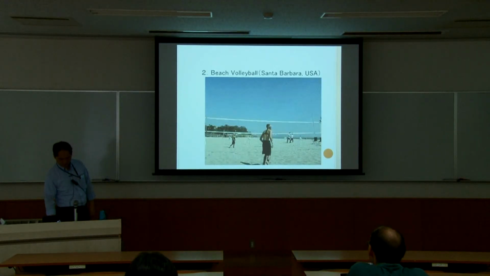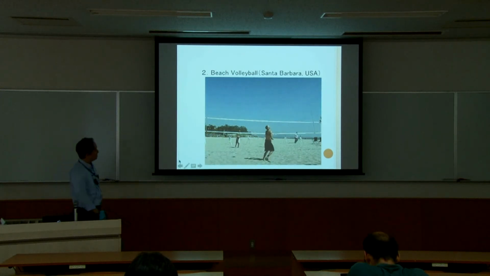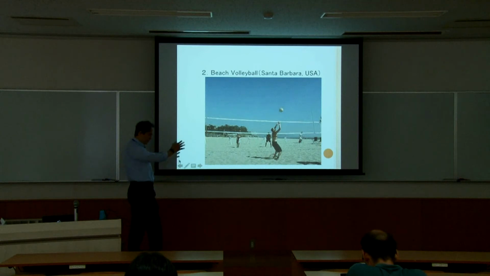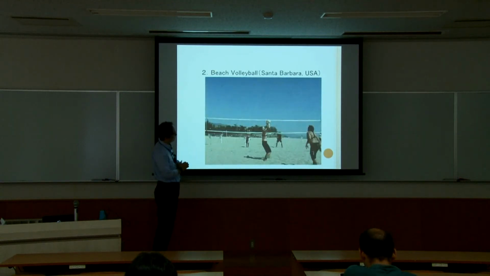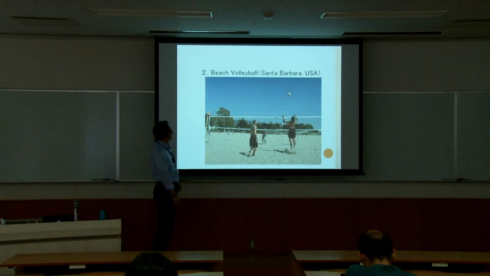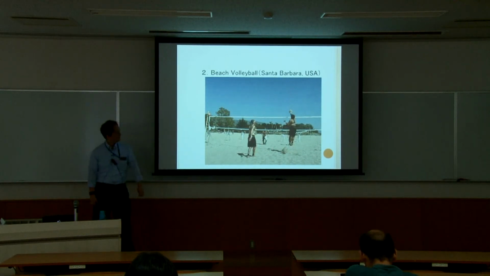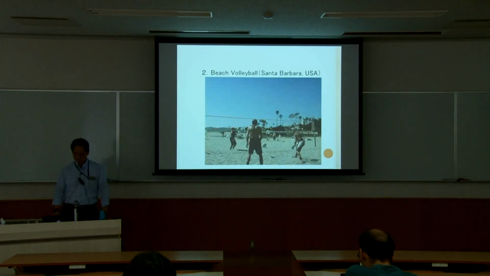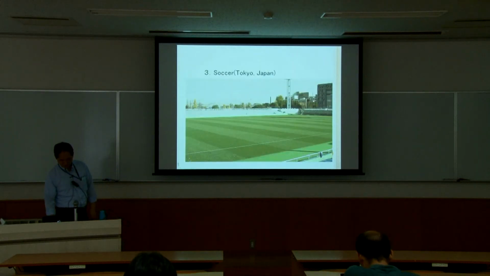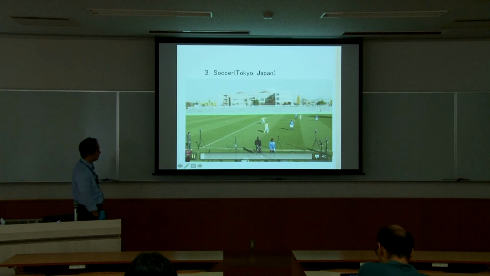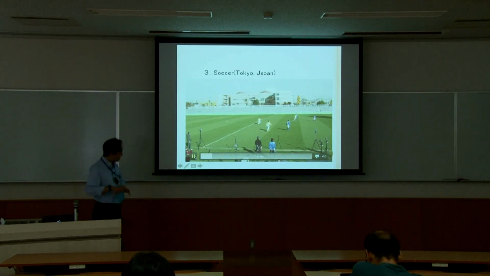Or we captured sports scenes like this. This is beach volley, and a high-speed camera is also equipped, so we can capture this kind of slow motion effect. This is the 16 camera system, and we captured a soccer scene using 16 cameras.